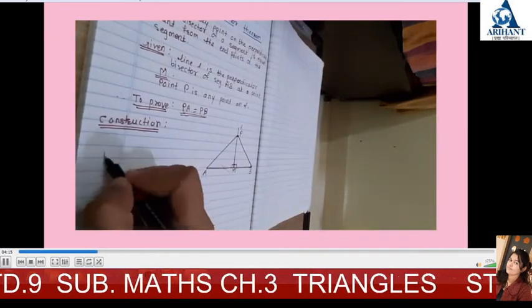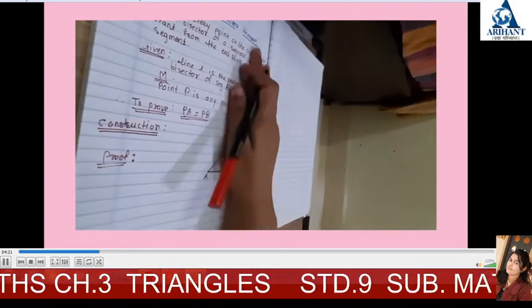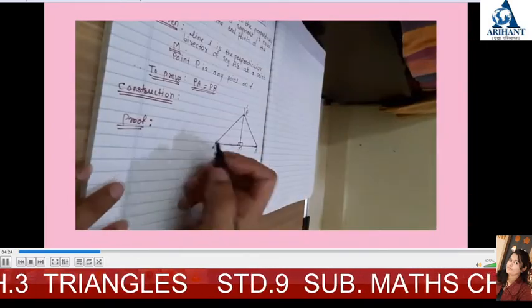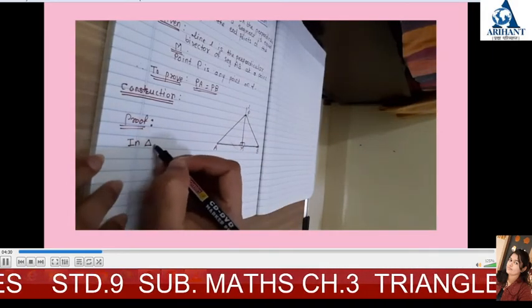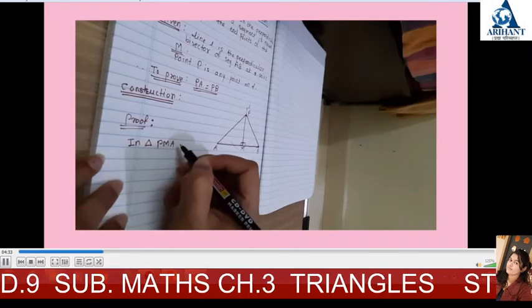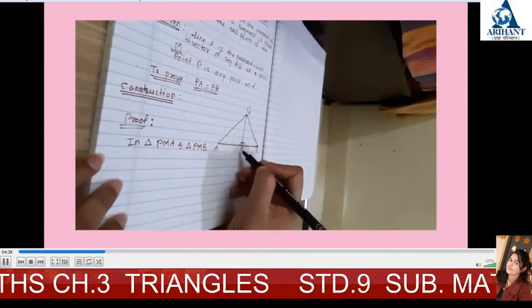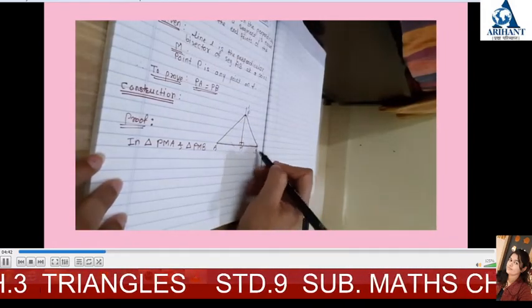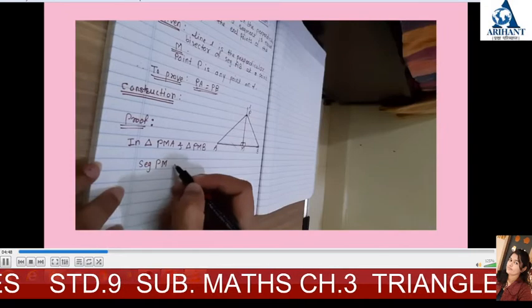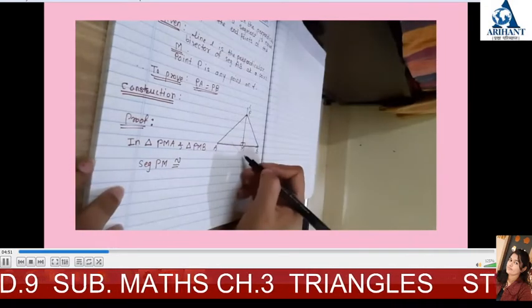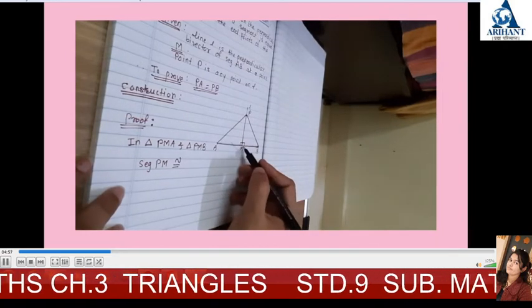Now the proof. First, in triangle PMA and triangle PMB, segment PM is equal to segment PM.